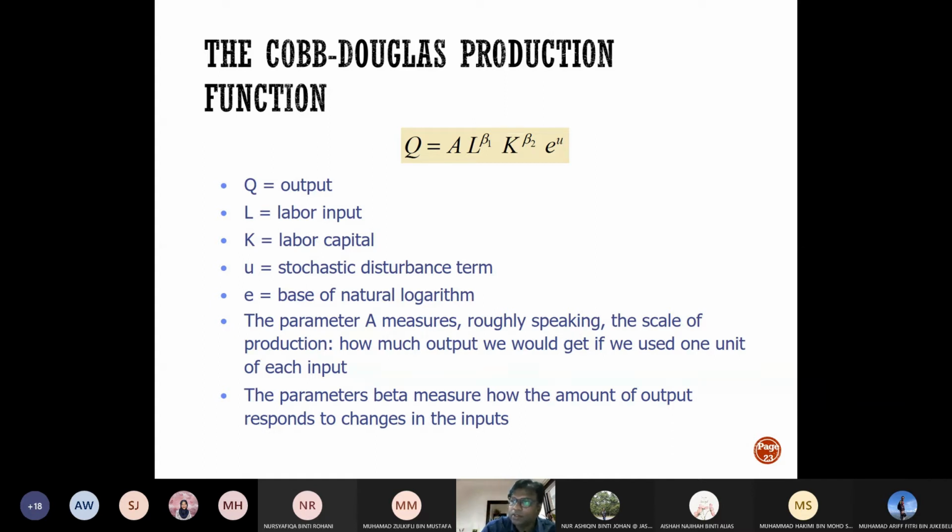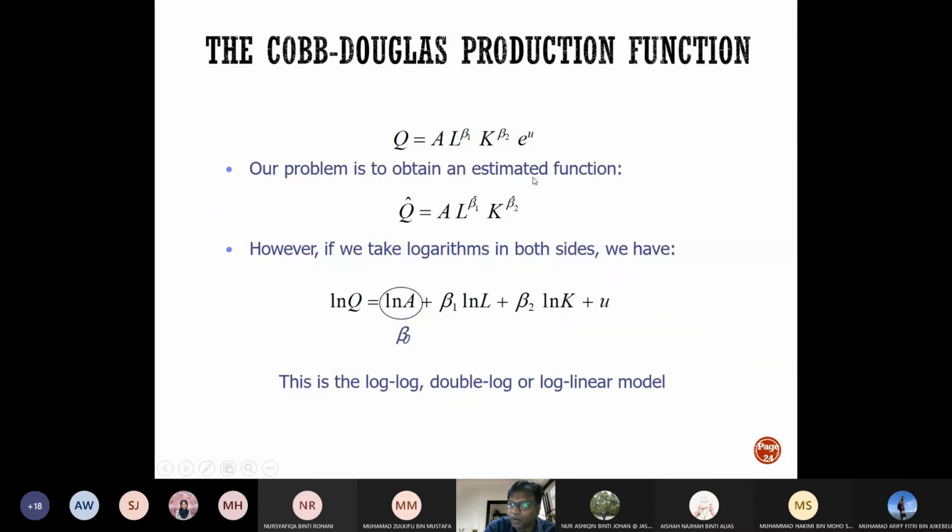Beta 1 and beta 2 are very important. This is what we're going to analyze. Beta 1 and beta 2 are the two parameters, and they show how much the output responds to changes in the input. So this is very important. Now take a look at this problem.